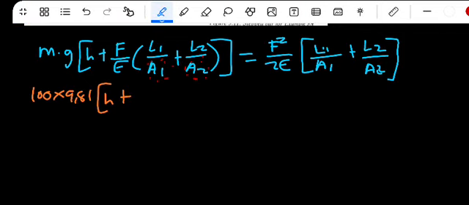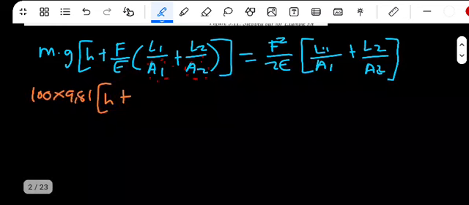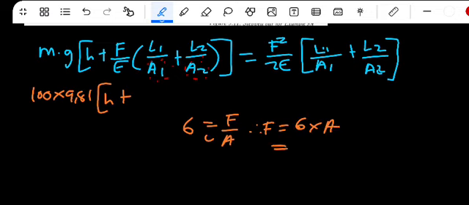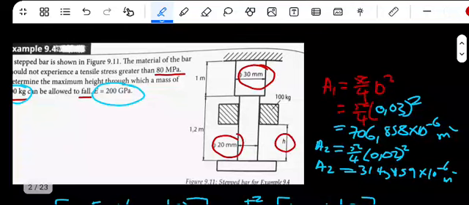We are not given the force, but we are given the stress. We know that stress is equal to force divided by the area. If you want the force, you simply multiply the stress by the area. Remember, the force will be the same either way.